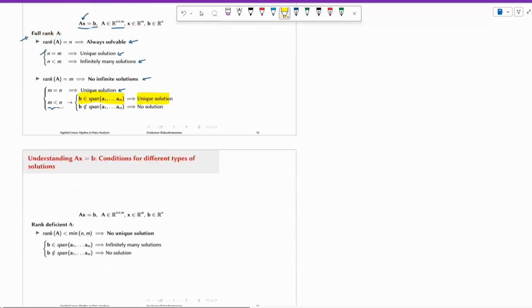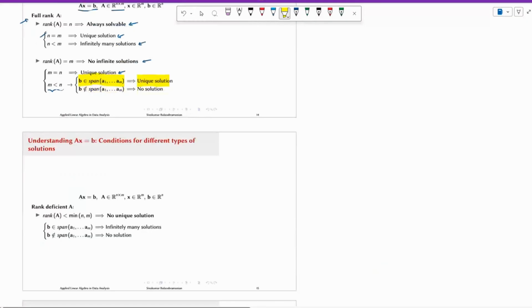Now the question is, what if A is rank deficient? That means the rank of A is less than the minimum of the number of rows and columns. You can have that situation. For example, if you had a system of equations like this, what is the rank of this matrix?